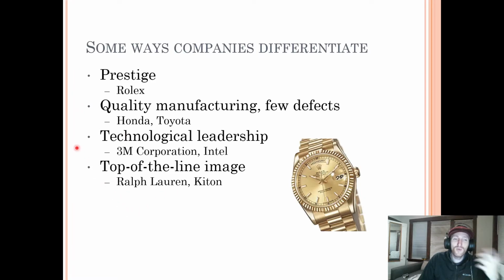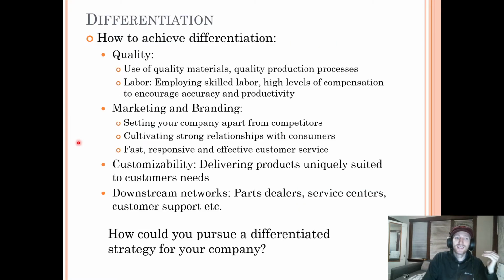So really any way under the sun that you can differentiate in, as long as it is perceived as adding value. All right? Some common ways that we see differentiation achieved is through quality, so using quality materials, quality production processes in order to produce a quality product, maybe employing skilled labor, maybe using high levels of compensation, or something like that.